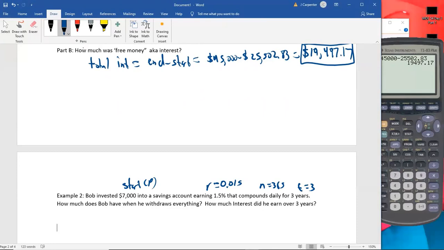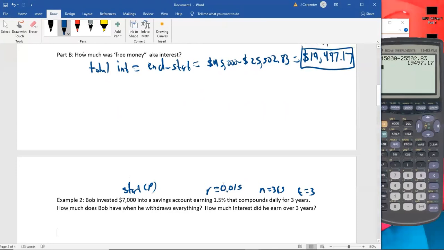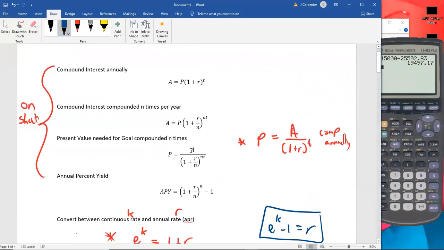If we have P, R, N, and T, going back to our formulas, well, we have an N that isn't 1, so this formula is out. We're not trying to convert a monthly or daily or quarterly or semi-annually rate to an annual rate.